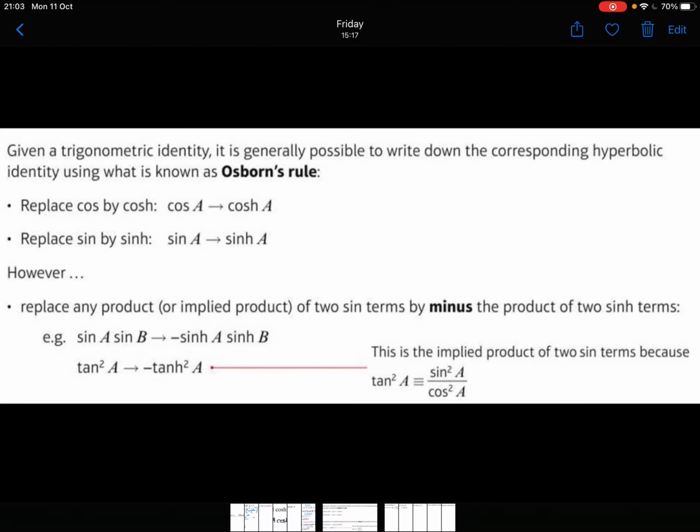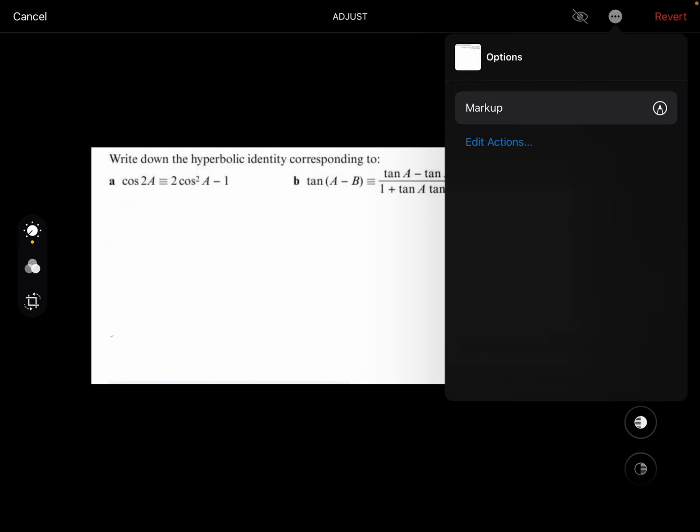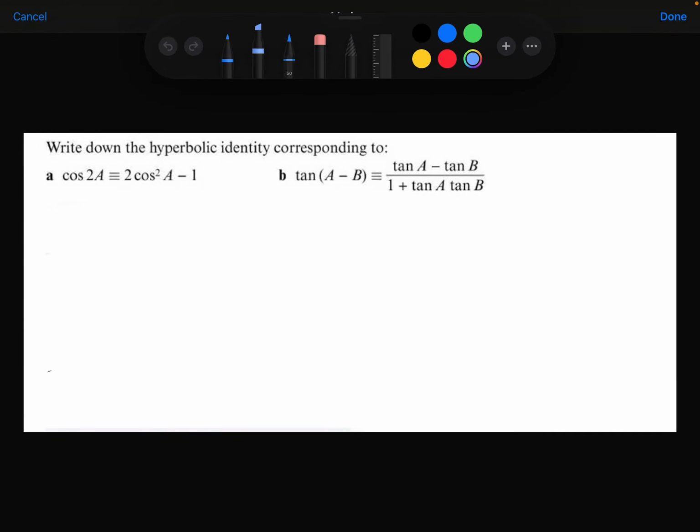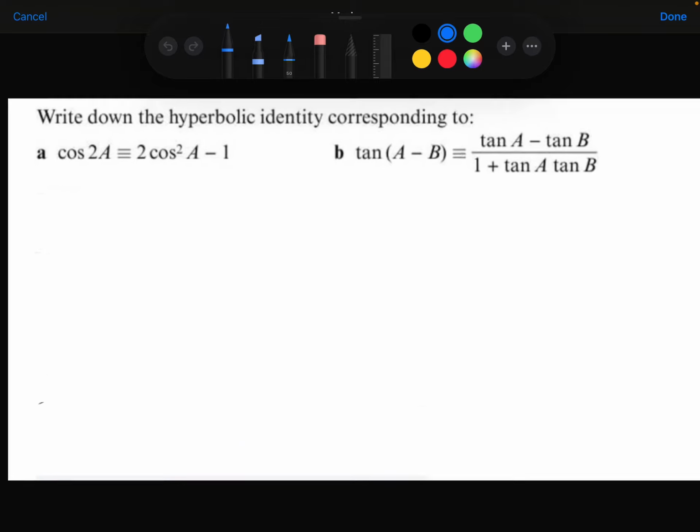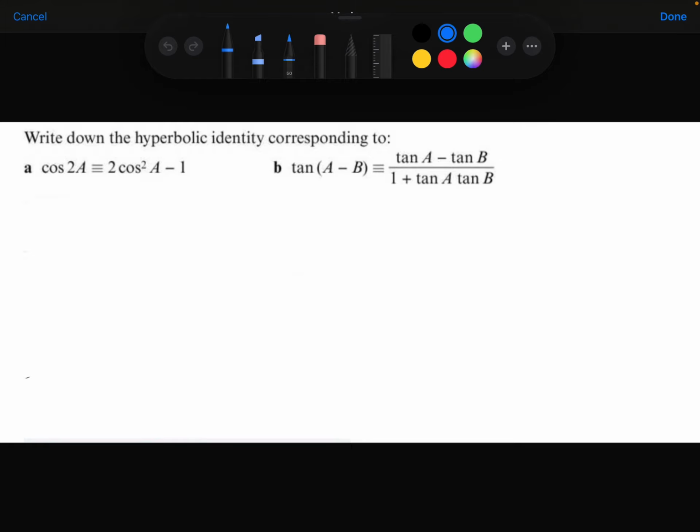So let's look at a couple of examples of how we can use Osborn's rule to write down hyperbolic identities without proving them from scratch. So I know a trigonometric identity is that cos 2A is the same thing as 2 cos squared A minus 1.